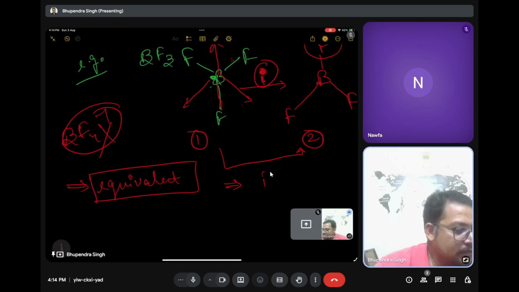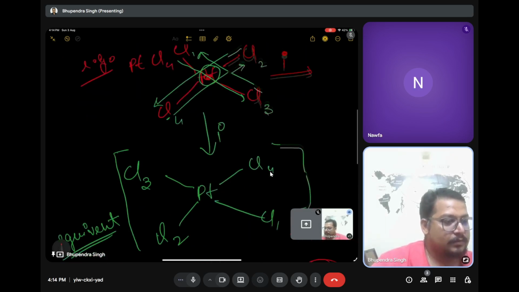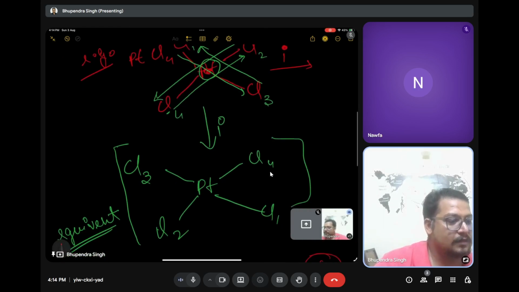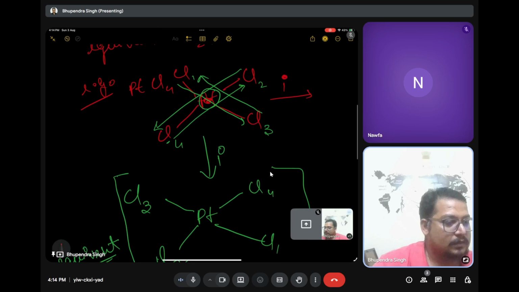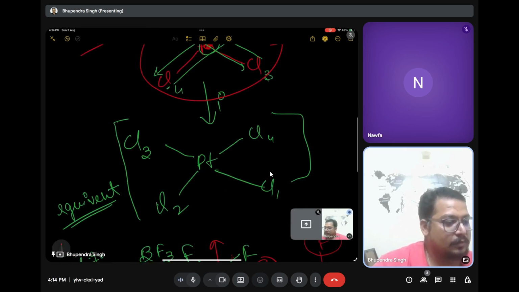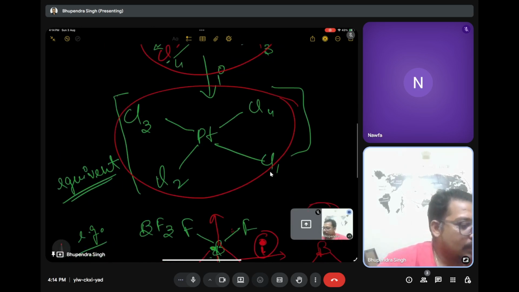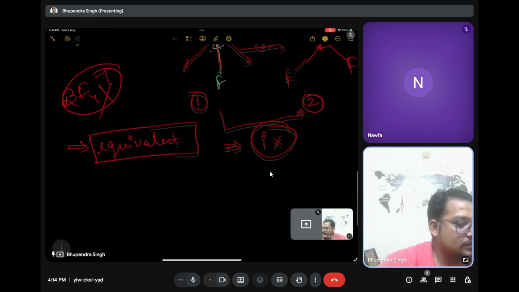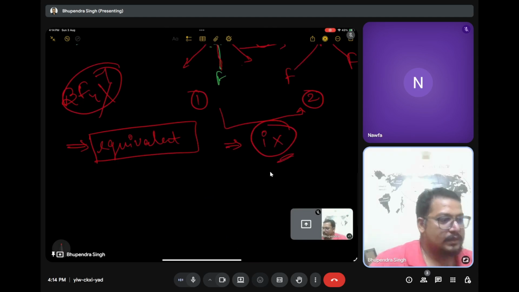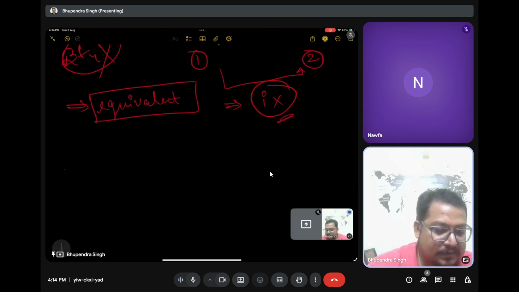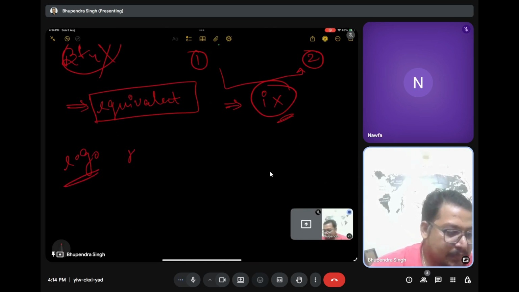So here, is the point of inversion present or not? Here I is not present in this case, but for PtCl4 we got the equivalent structure, so I is present there, but here I is not present. Okay, next example, the same example I took last time: water.